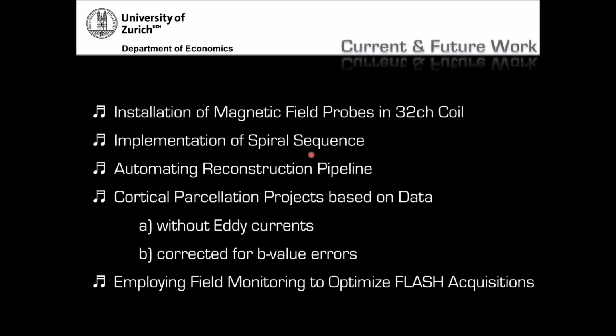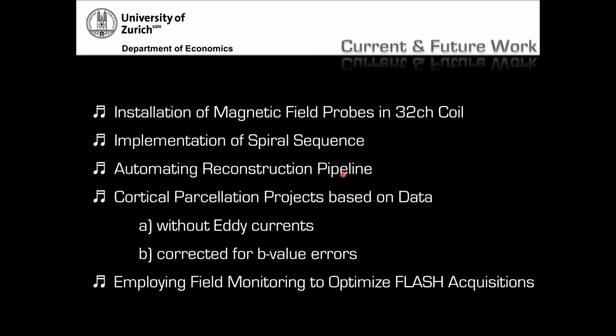We're working on implementing the spiral sequence so that we can use statistical tensor diffusion encoding and minimize echo time for optimizing our SNR. We're working on the reconstruction pipeline so that people who arrive at our scanner can just press start in the scanner and then later just arrive at their data.